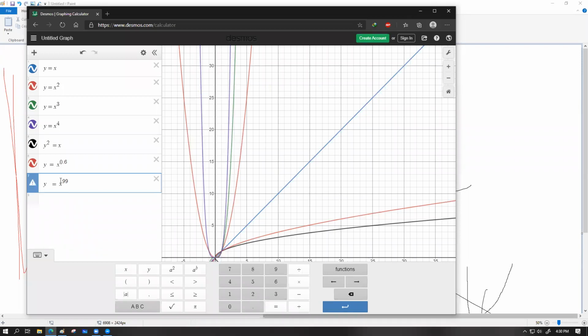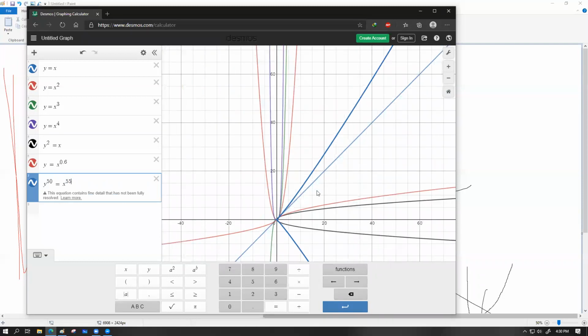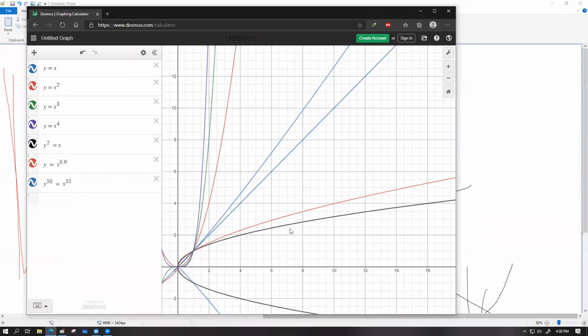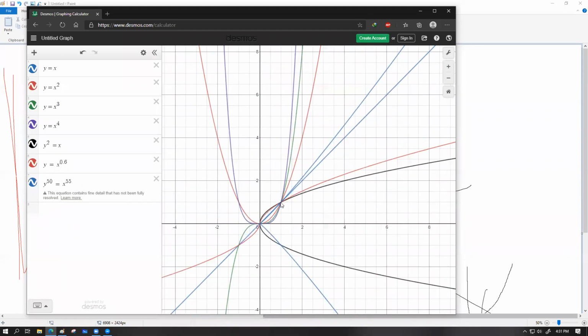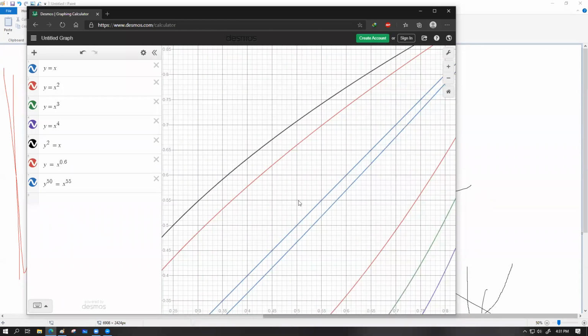So let's say I place y to the power 50 equals x to the power 55. You see, now this line has an increasing gradient. Now this line has become above the y equals x line beyond the x equals 1 region. Up to the x equals 1 region, it is below that line. Have a look, this is your light blue, this is your dark blue.